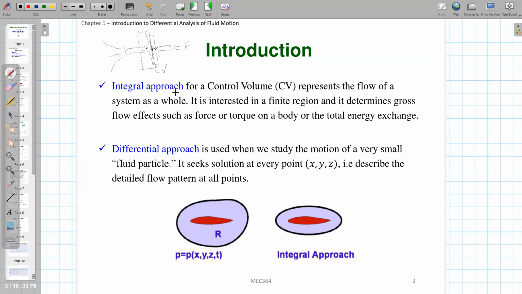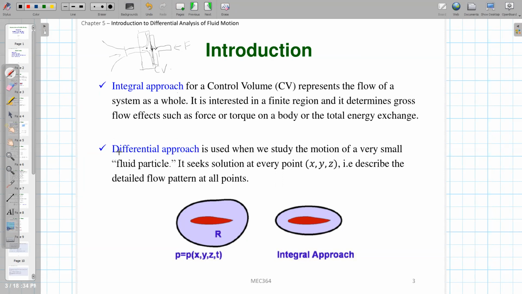But if we are really interested in the local value of the flow, if we want to know the flow velocity at each point inside, how are we going to solve that? That is resolved by the second way to develop the governing equation, which is called the differential approach.